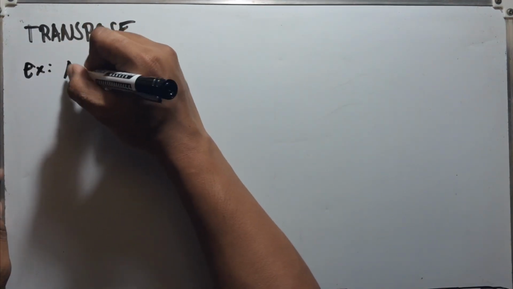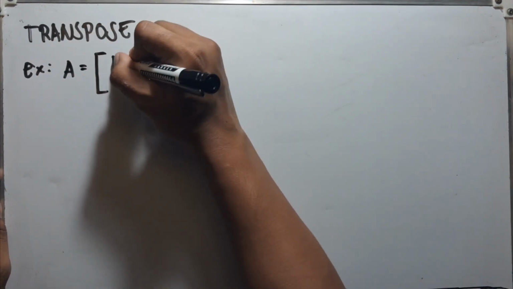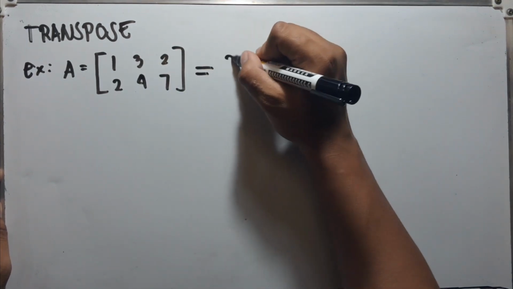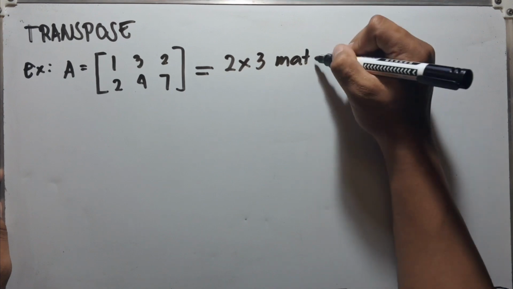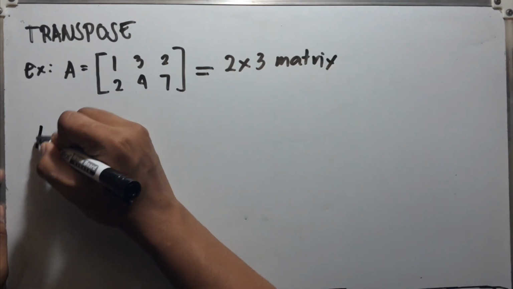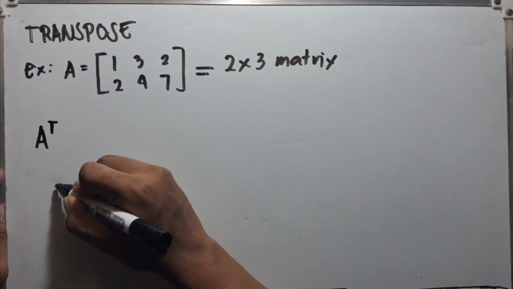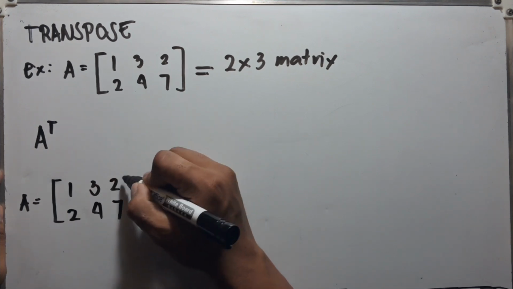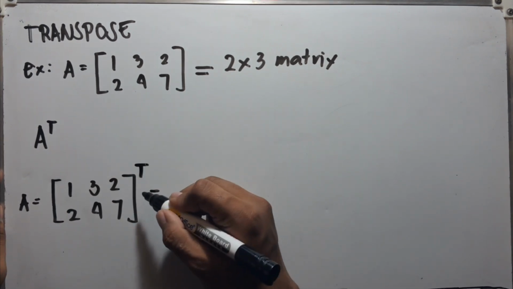As for the transpose, for example, we have matrix A, which is equal to 1, 3, 2, 2, 4, 7, which is a 2 by 3 matrix. To transpose matrix A, we have a simple process.